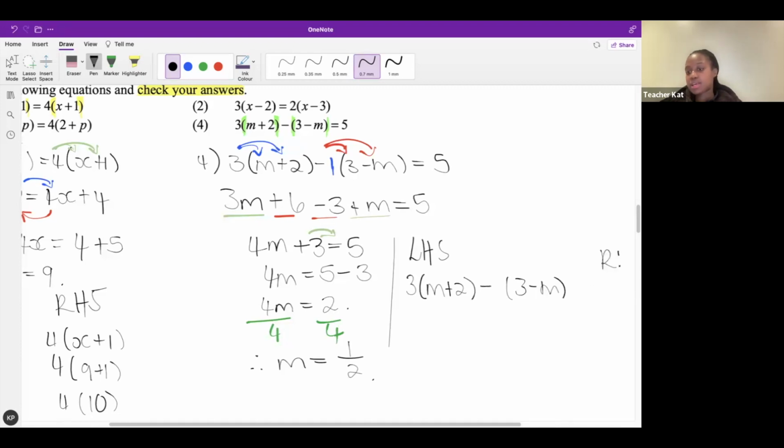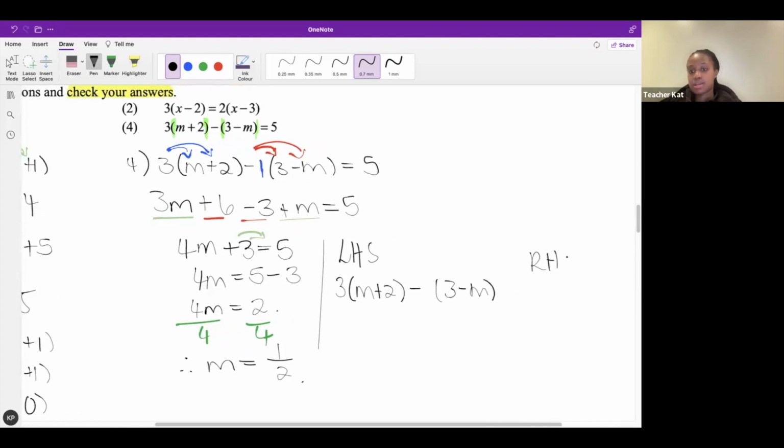And my right-hand side is just the 5. Okay, so what are we substituting for number 4? A half. So then 3 and my m is a half plus 2 minus 3 minus a half.